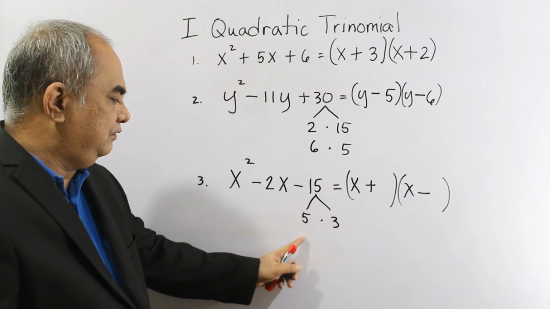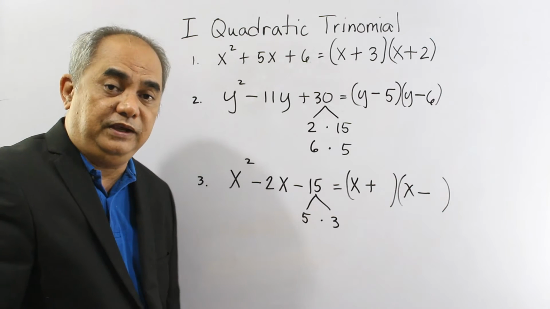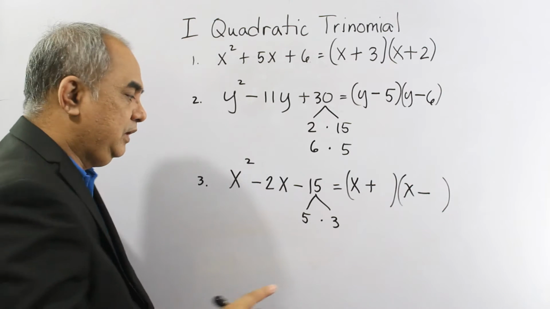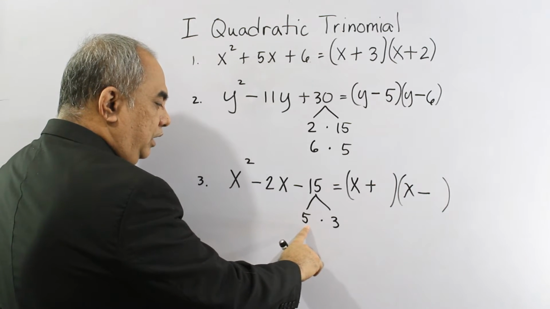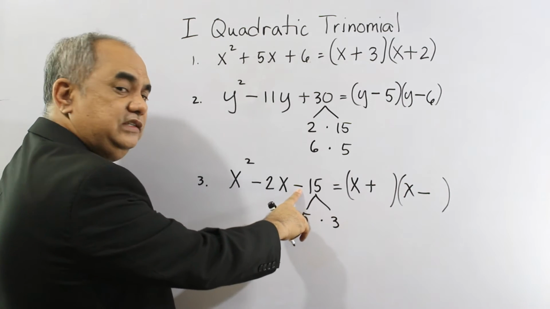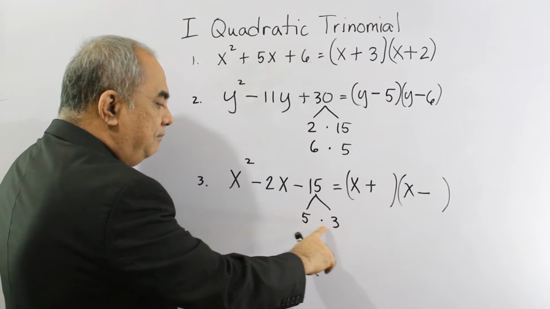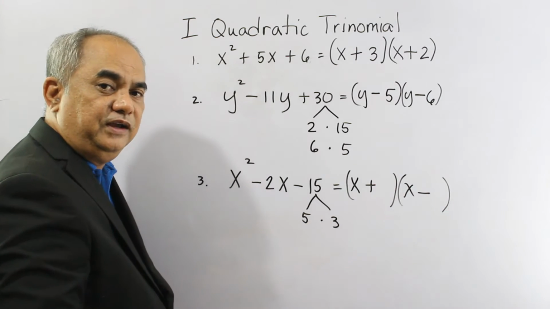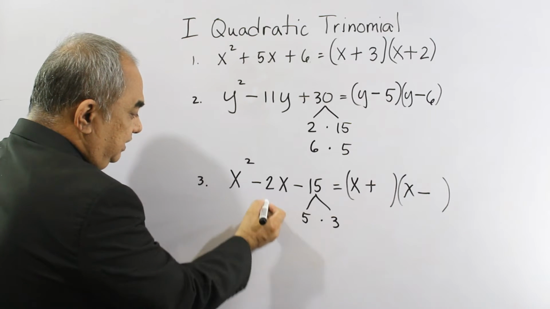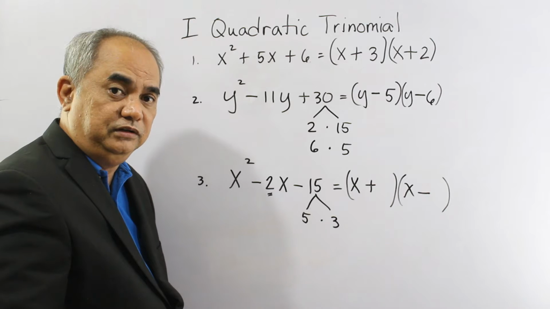Okay? So 5 times 3 will give you a product surely equal to 15. Now here's the key. This time, we are going to subtract these two factors here because the sign is negative. Okay? As we subtract this, 5 minus 3, it will give you a difference equal to 2. And that is exactly the value of your coefficient of the middle term.